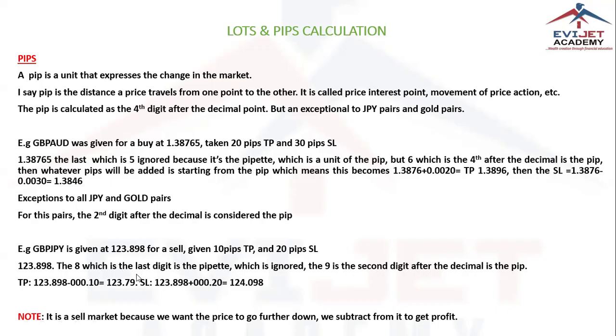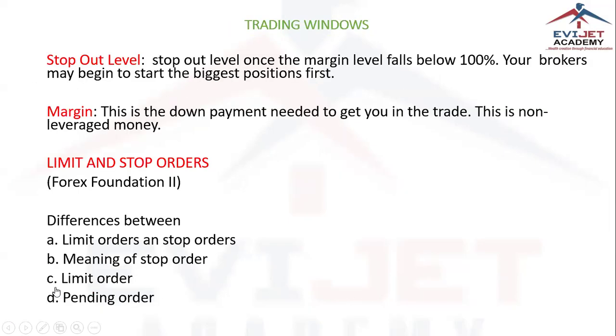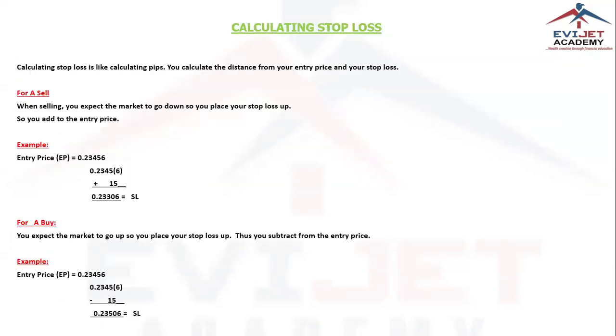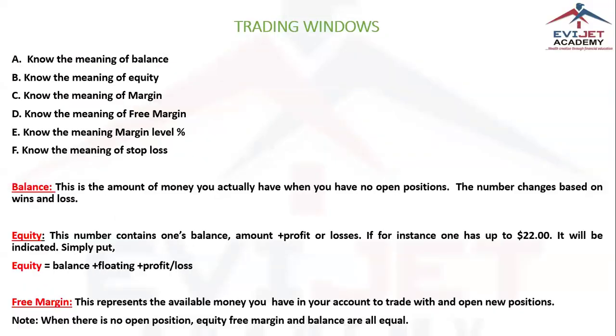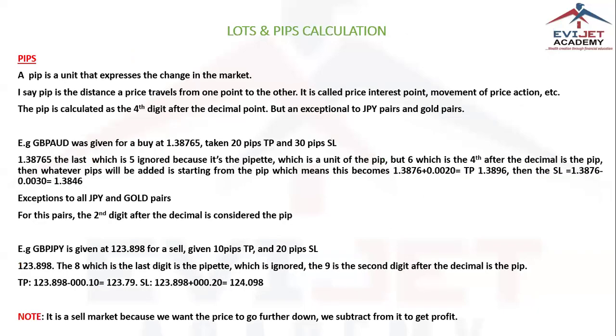So the TP will now be 123.898 minus 0.10, which is the 10 pip take profit.